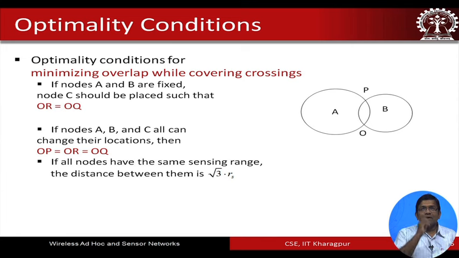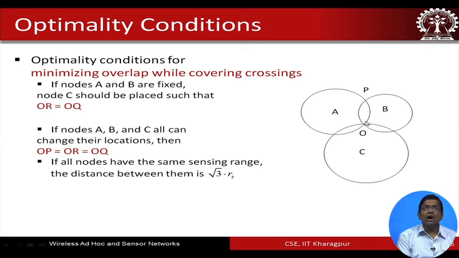There are different optimality conditions. When two disks A and B overlap, we get crossings, and these crossings are marked as P and Q. If nodes A and B are fixed, node C should be placed in such a way that OR is equal to OQ.